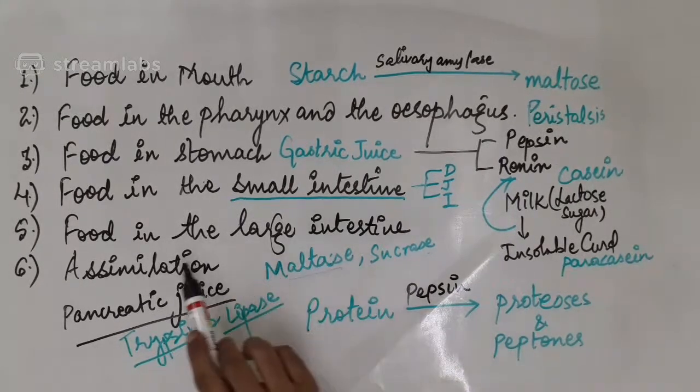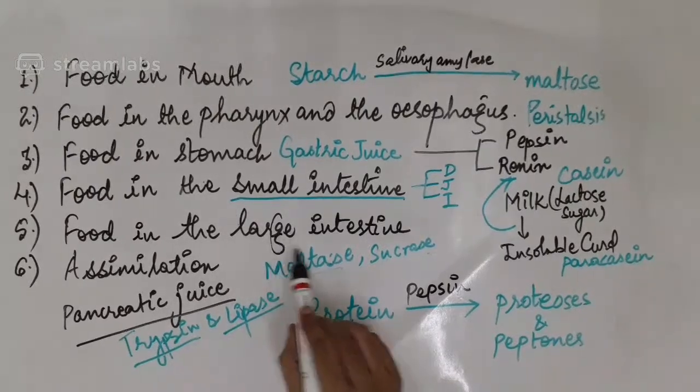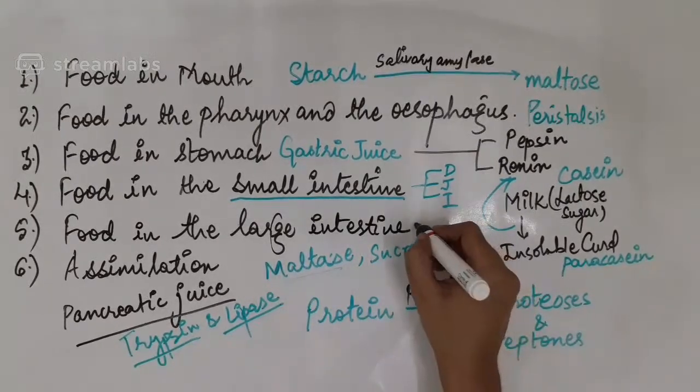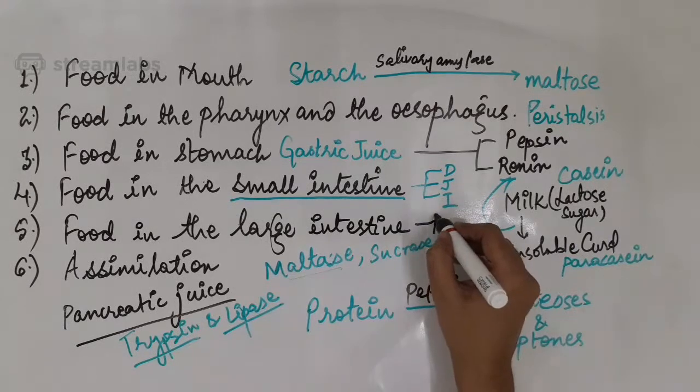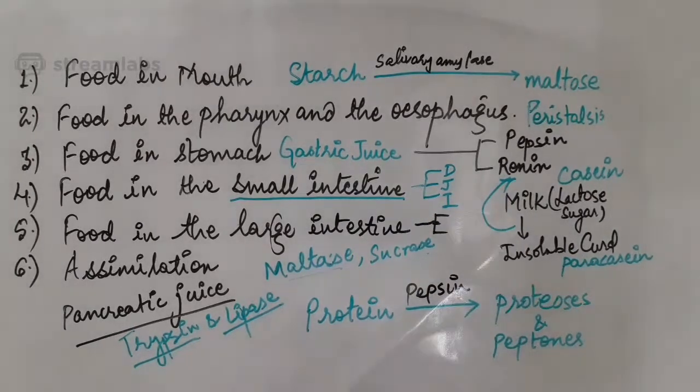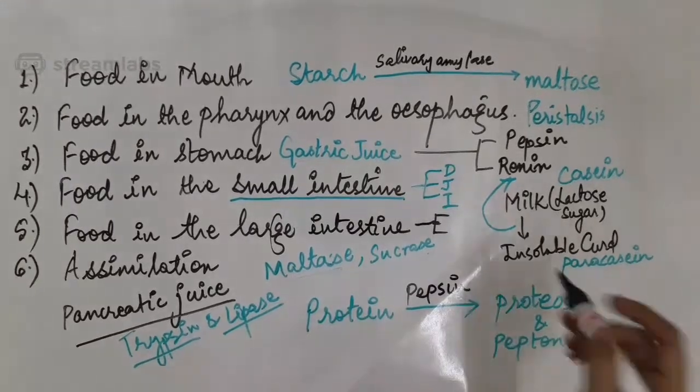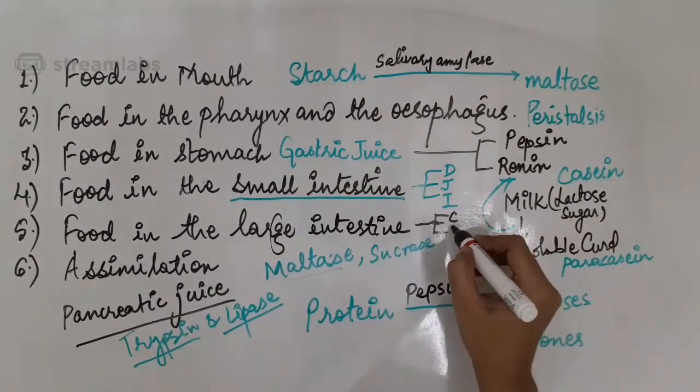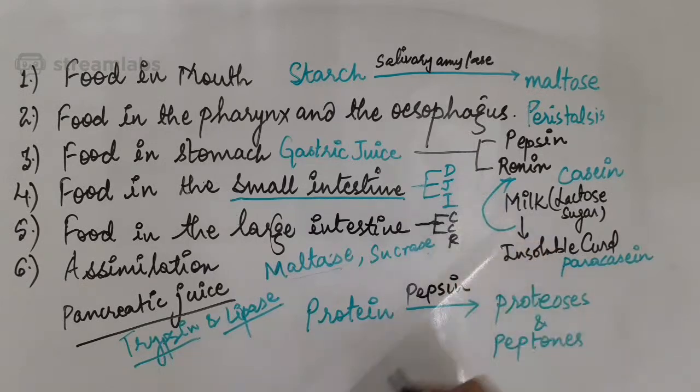Then the food is going into the large intestine where the absorption of water occurs. By three parts, that is CCR, cecum, colon and rectum.